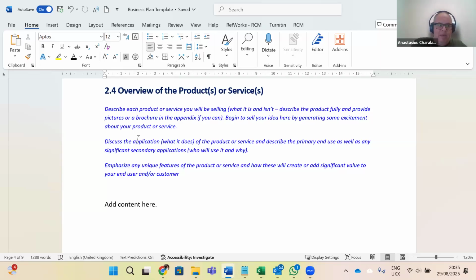For example, maybe you give it to somebody who integrates it into another bigger product. Okay, you emphasize any features of this product. Okay, so this is where somebody reading it would understand what you're planning to do, what you're selling, what it is. Okay.